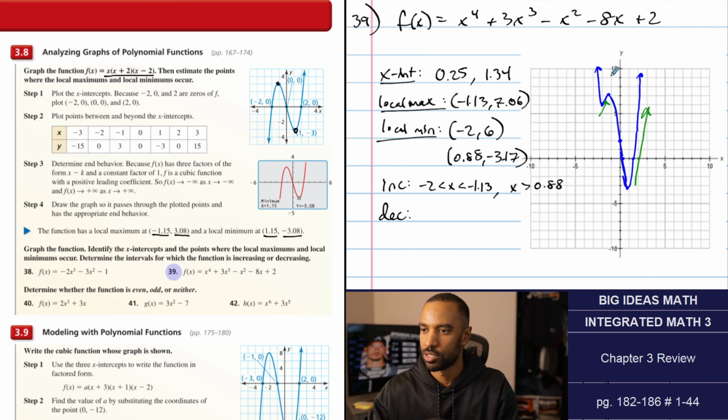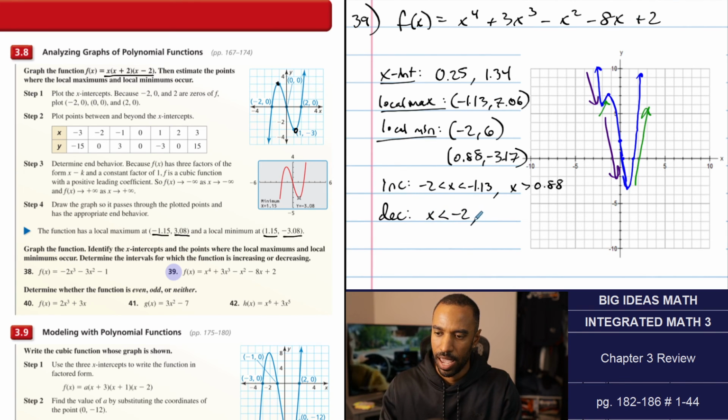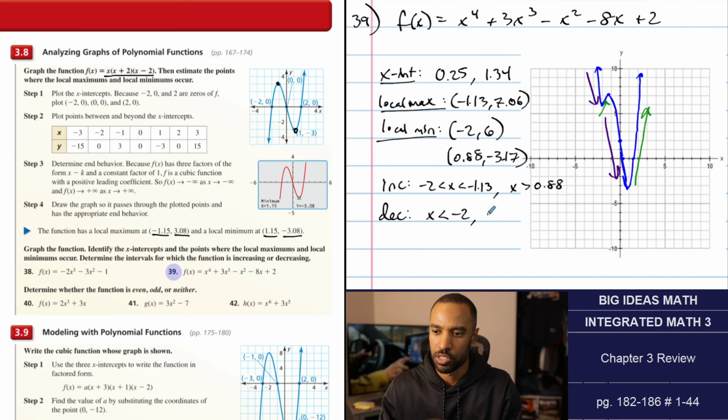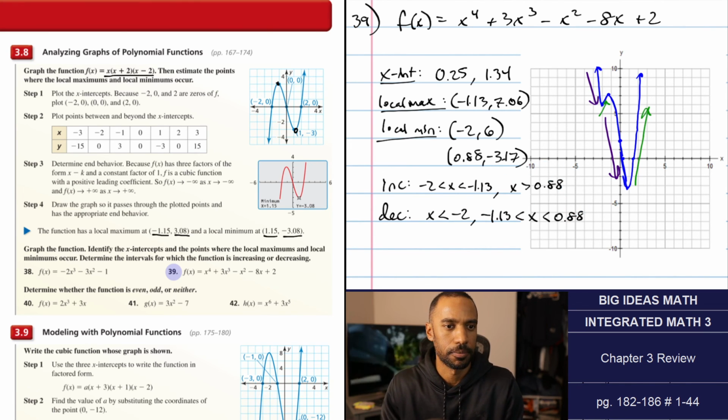Now it decreases when we are less than this min of -2. And we also decrease between the max and that min, so between -1.13 and 0.88. Like that. And that's all the requested information we have for number 39.